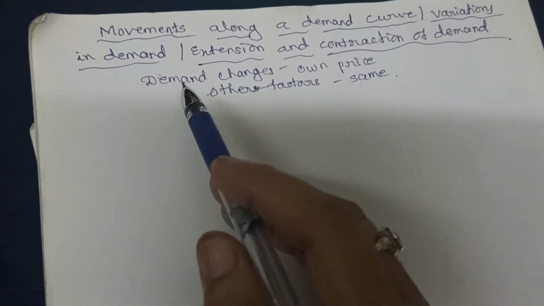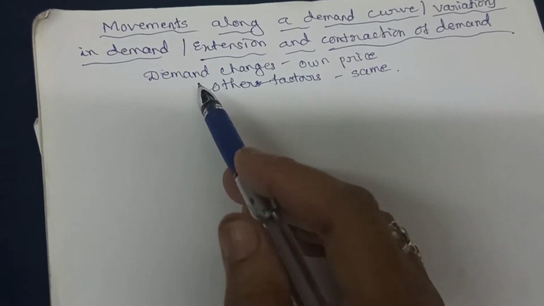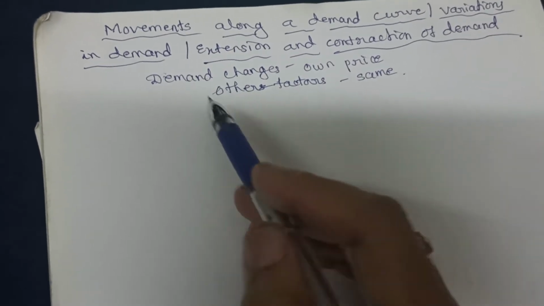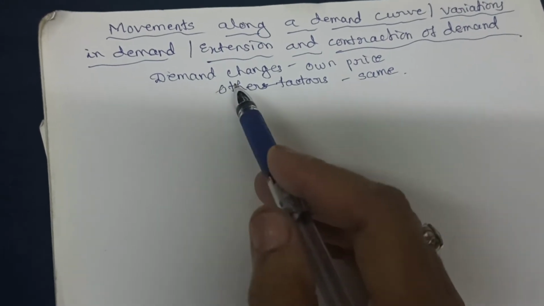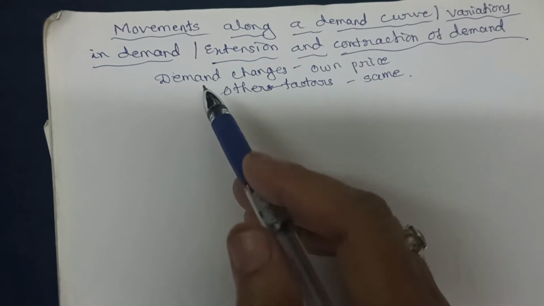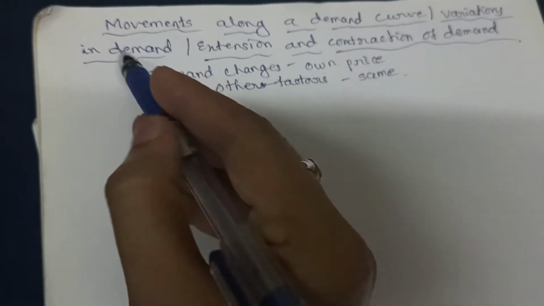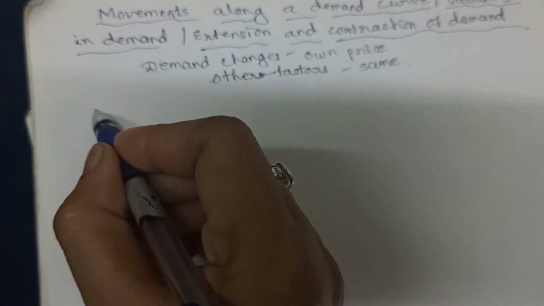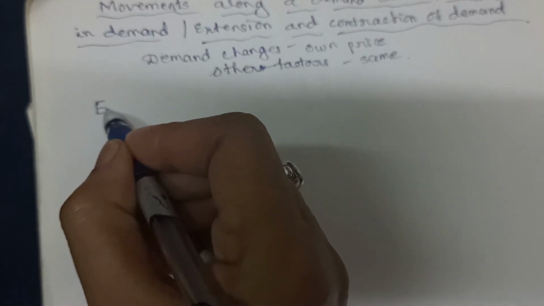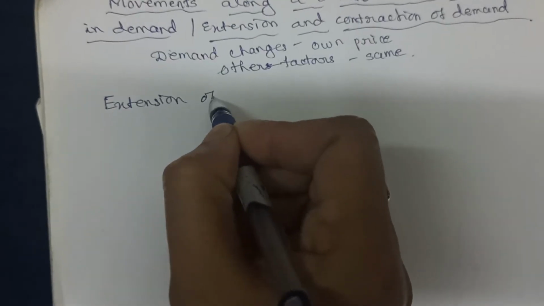If you are defining it in terms of a diagram, diagrammatically there will be upward or downward movement on the same demand curve, or the movement will be on the demand curve from left to right and right to left. So it includes two aspects. One is extension of demand.